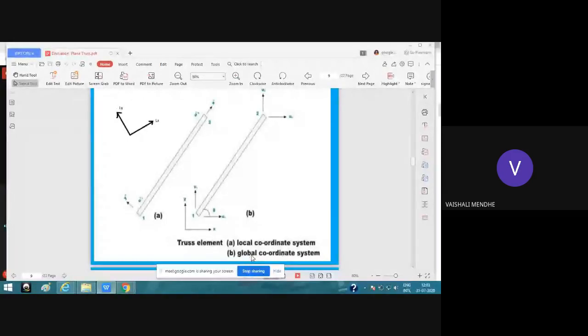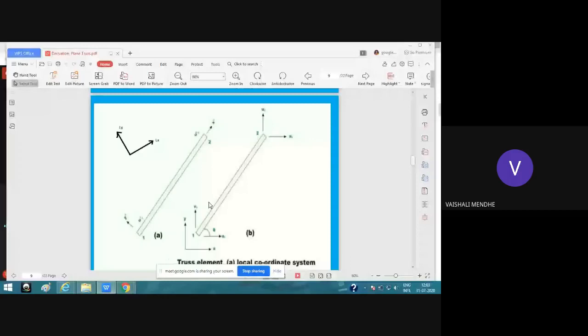So to understand this, and to assemble the stiffness matrix, we'll have to see some derivations, which will explain how to transfer the force or the displacement from local to global coordinate system, or global to local.